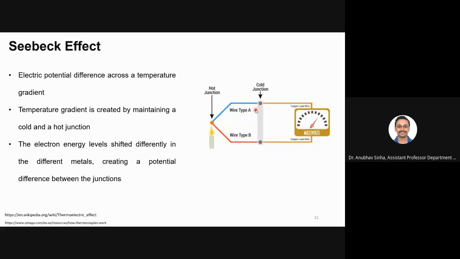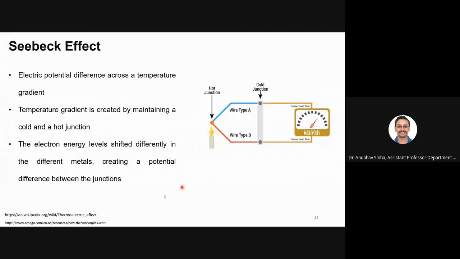So dT/dx is called the temperature gradient, how your temperature varies with respect to the length of the wire. Because of this temperature gradient, some electrical potential is created, a potential difference or EMF, which can be measured. It is generally small, in millivolts.